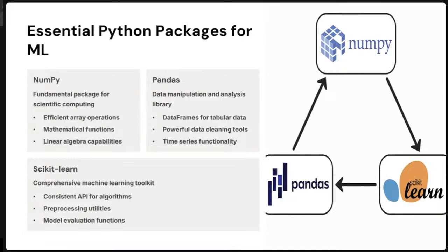So NumPy makes sure those things are efficient, your mathematical functions and linear algebra operations. While pandas is more for data frame manipulation, when you want to do analysis and work with your data sets. So that's what pandas is for basically.